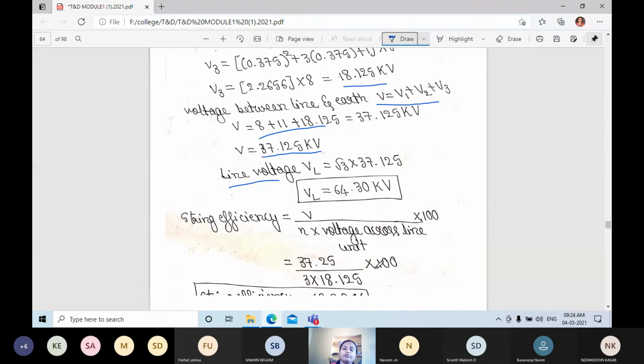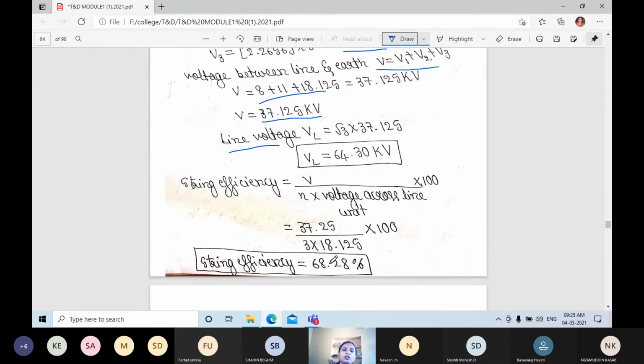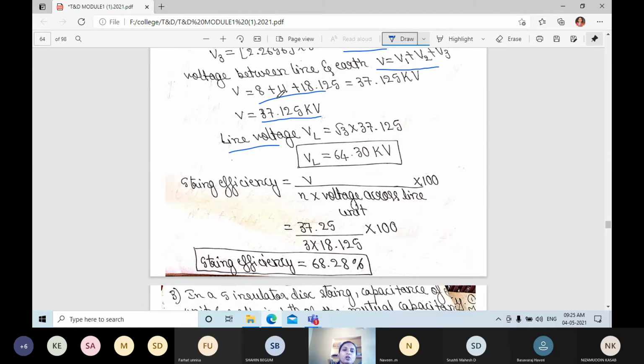Next, now we have found out the K value and line voltage. Next, we need to find out the string efficiency. String efficiency is equal to V divided by N into the voltage across the line unit. Here, V is equal to 37.125 kV.